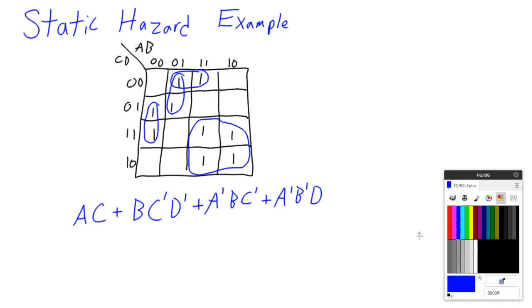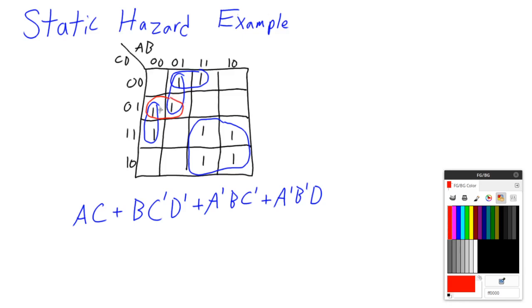Now we want to go through and find where our static hazards are at. Our static hazards occur anywhere where implicants share edges but do not overlap. So for example, this implicant shares this edge with this implicant, so we need to connect it with a new implicant.